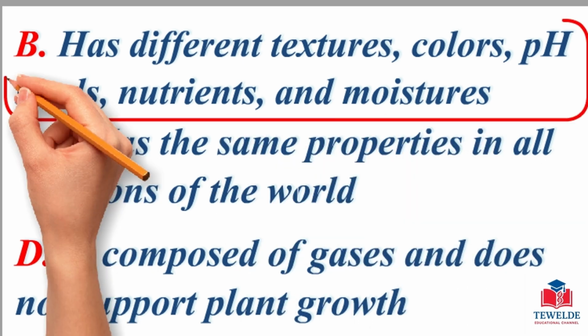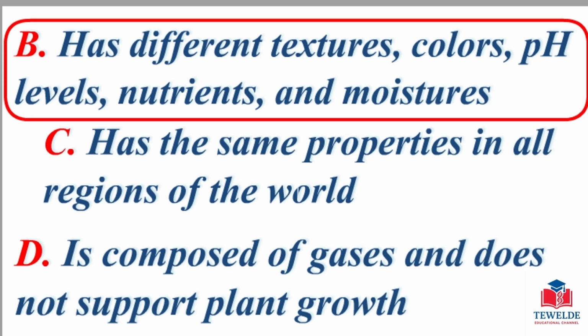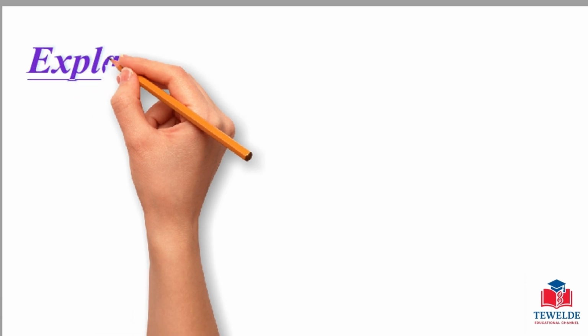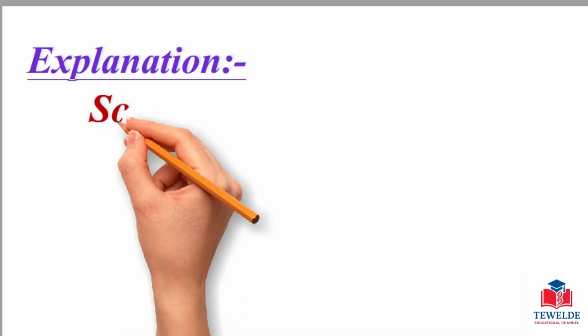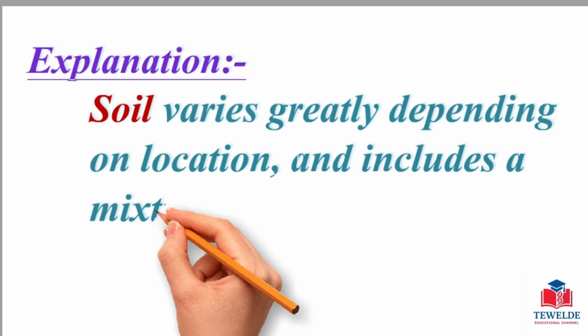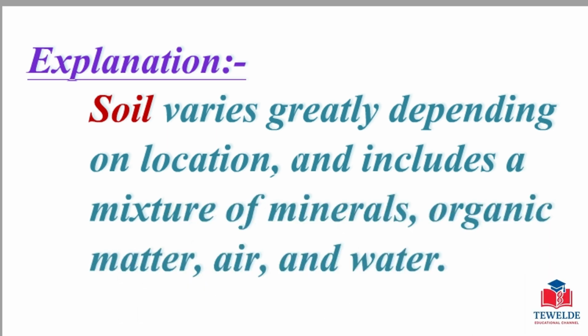The answer is B, has different textures, colors, pH levels, nutrients, and moisture. Explanation: soil varies greatly depending on location and includes a mixture of minerals, organic matter, air, and water.